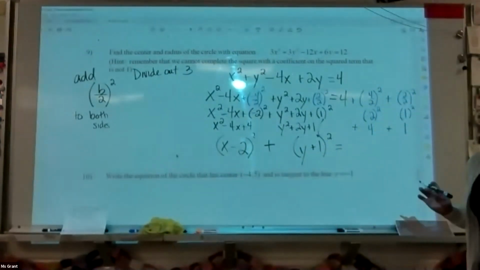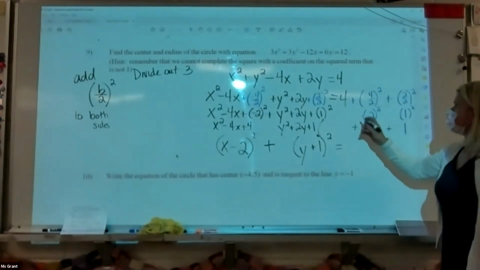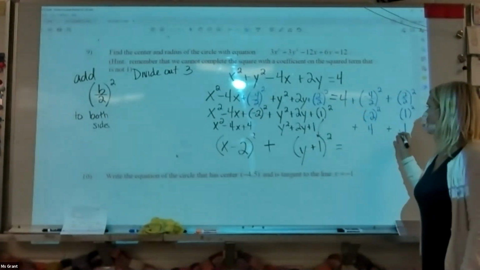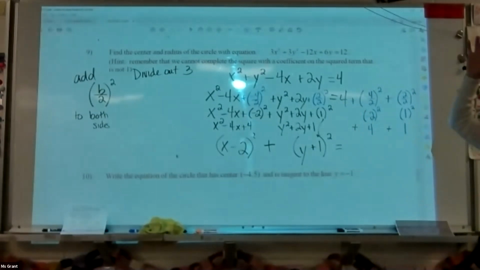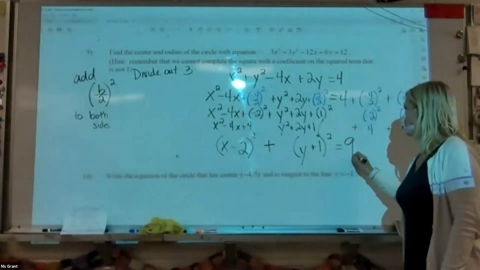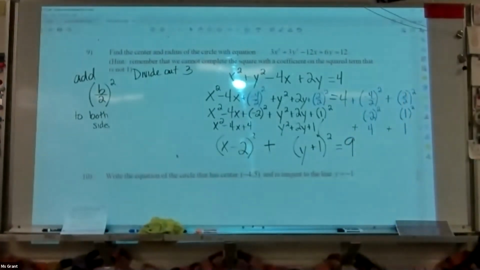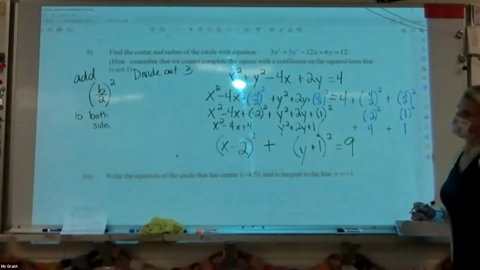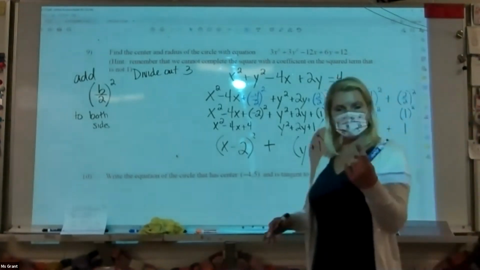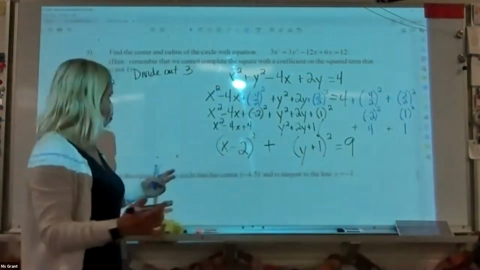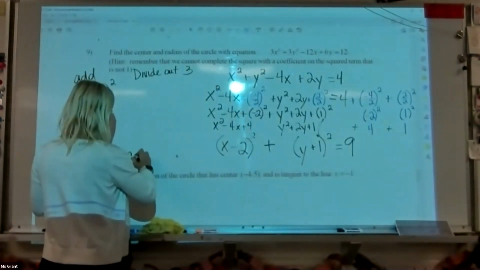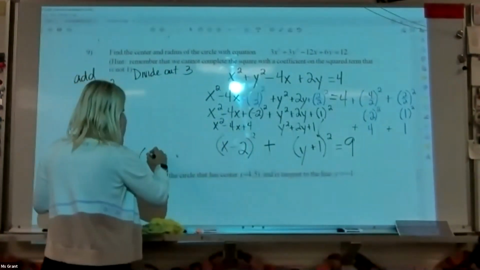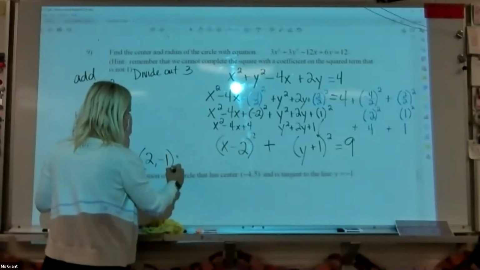Now let's figure out this other side of the equal sign. 4 that was originally there, plus 4 plus 1. 4 plus 4 plus 1. 9. The whole end game with this is, what's the center, what's the radius? So my center is positive 2, negative 1.